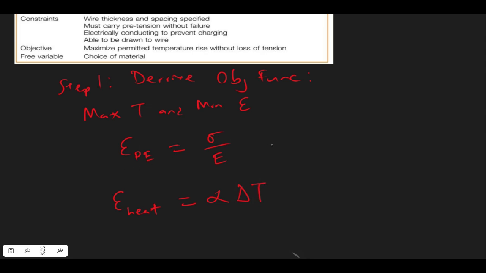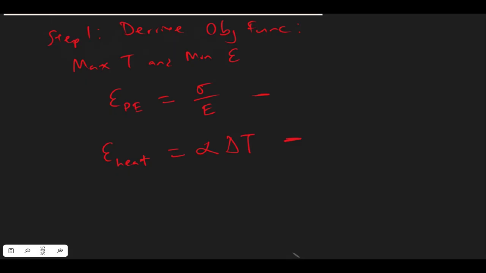So this material has already been pre-extended, and as you heat up the material there is additional extension. We are trying to maximize temperature while minimizing this extension. You don't want this extension to be above the pre-extension. So we want the extension E due to pre-extension to be greater than or equal to the extension due to heat.